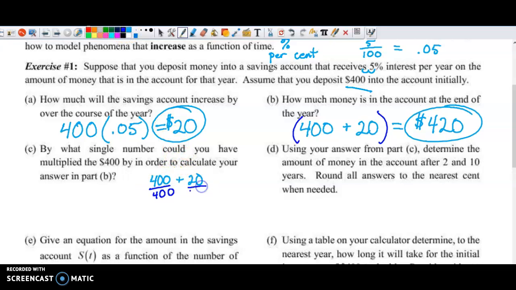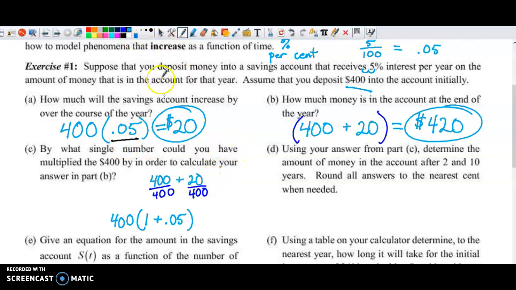Now you wouldn't know to do this until your teacher says to. What I'm really doing is factoring out the 400. Something divided by itself is 1, and 20 divided by 400 is 0.05. You could even solve this problem up here by dividing both sides by 400, and you'd get 0.05.